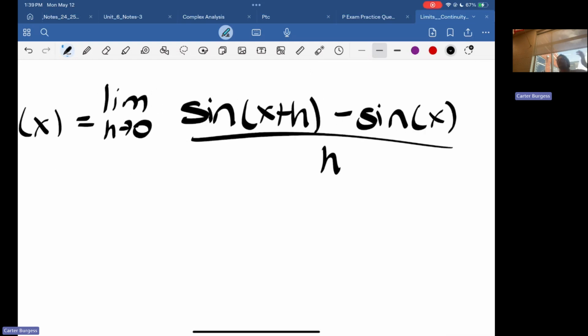Okay, am I going to be able to do much to simplify the denominator here? Never. It's very simple. So then let's look at what we have for the numerator, where we've got this sine of x plus h term. Where have we seen this before, where we're taking sine of a sum?